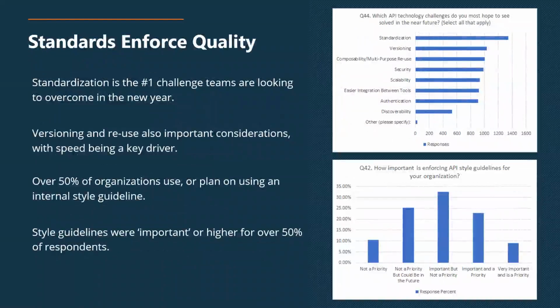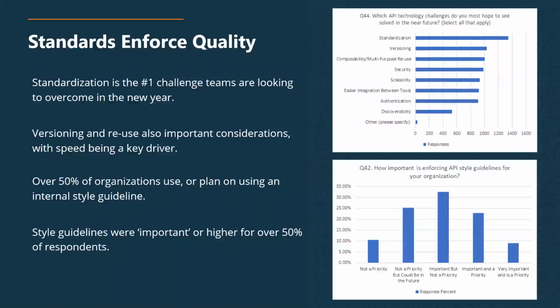Standards, so being able to enforce quality standards. We have a couple of areas here as well. Standardization was the number one challenge teams are looking to overcome in the new year, so how they can implement standardization to improve quality.